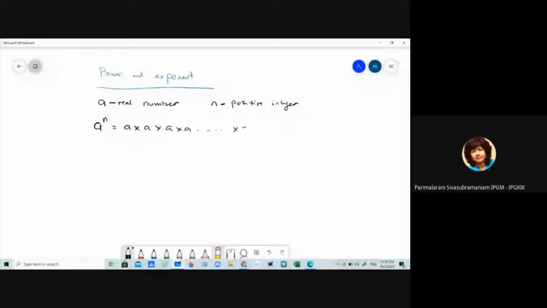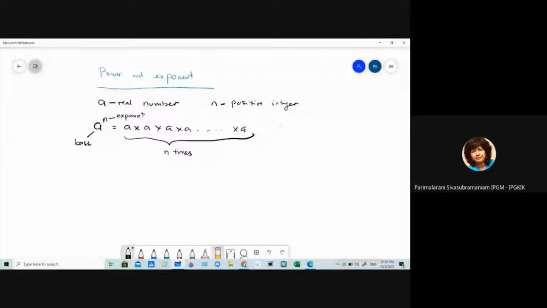How many a's do we have here? n times. If we have a to the power of n, then we have n number of a's here. This a is known as the base, and n is the exponent.